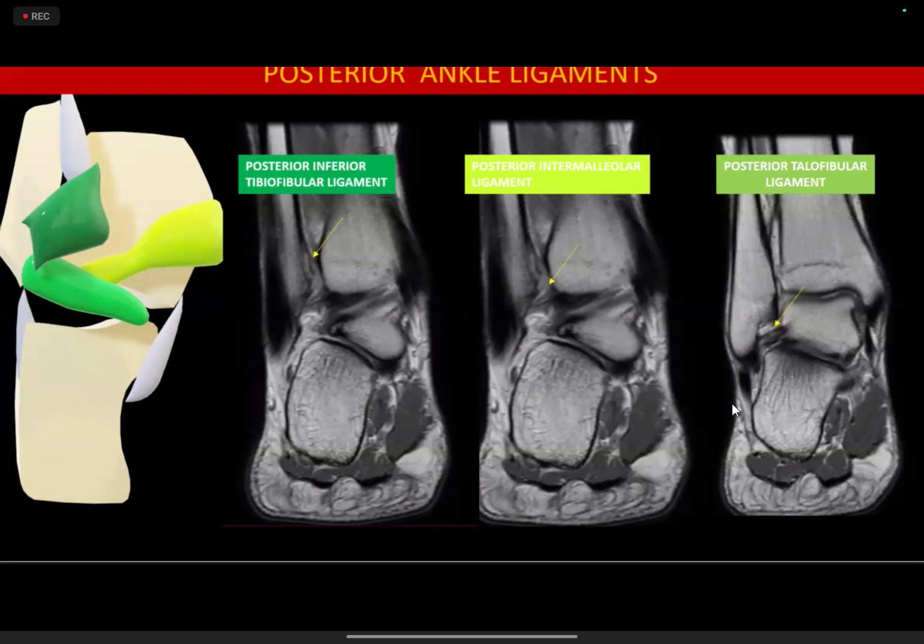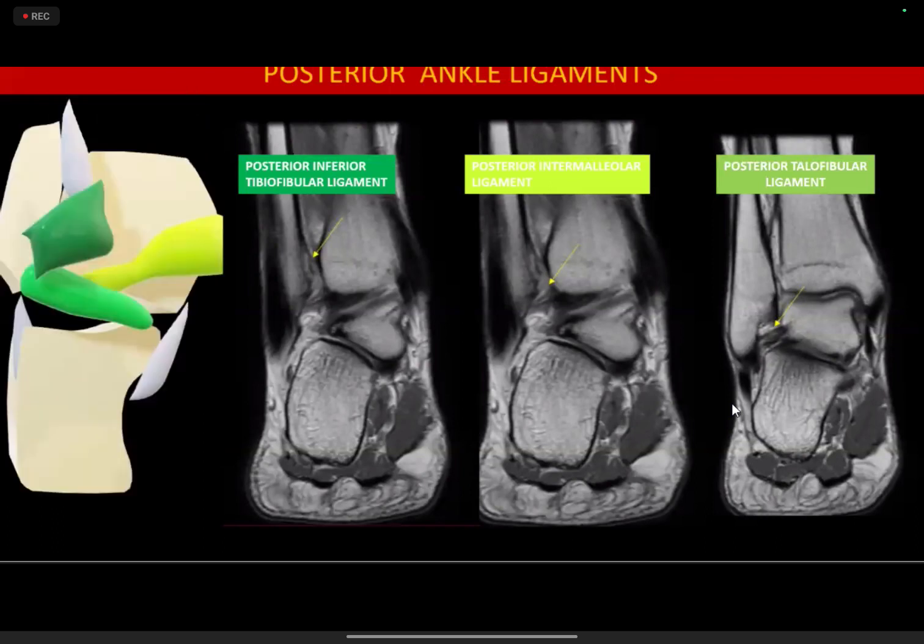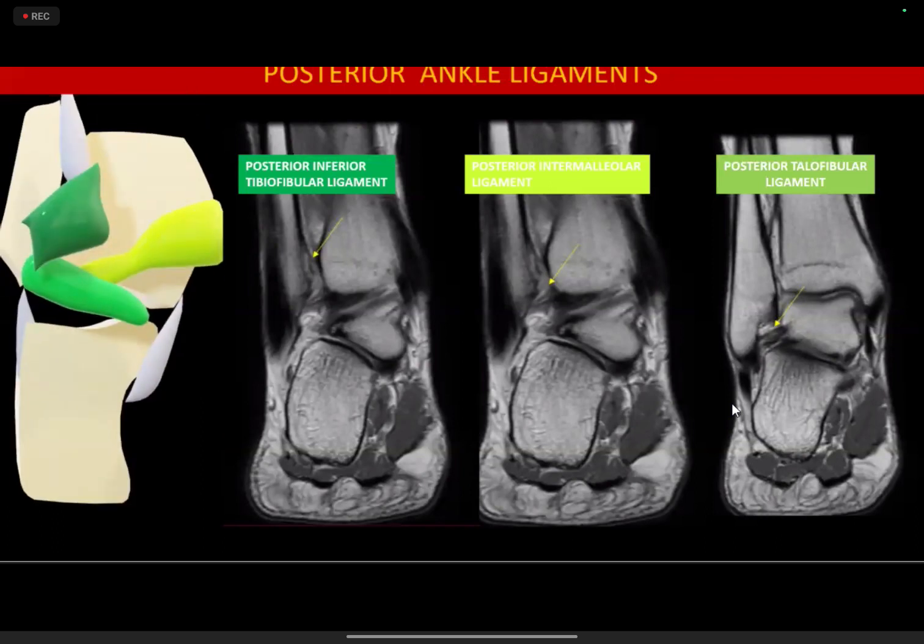All three can be injured depending upon the type of impingement, in various grades, and you need to identify each of them and their pathology. What happens when there is posterior impingement? These ligaments may be interposed between the bony structures and may tear. There might be secondary degeneration in this, which you need to mention in your reports. Right? I hope I am clear till now.